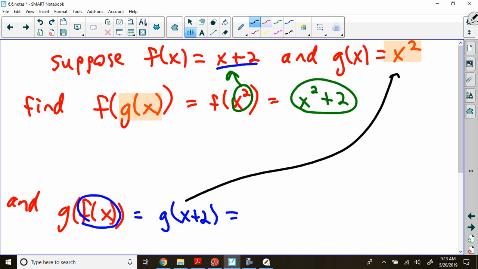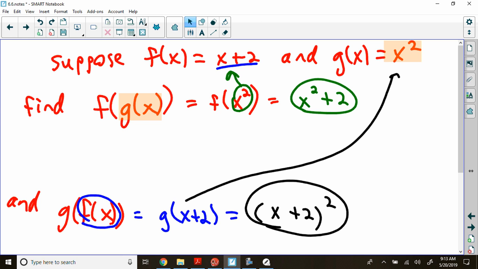The function g says take whatever you have and square it. Well, what do we have? We have x plus 2. We could leave our answer right here like this. If you wanted to expand that out, you could, but that's it. All it is is substitution. It's not multiplying. It's substitution.